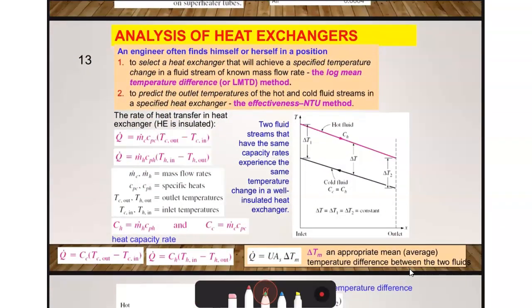Okay, this is how we analyze heat transfer in a heat exchanger. There are two methods that we could use. The first one is the LMTD method. The second one is the NTU method.